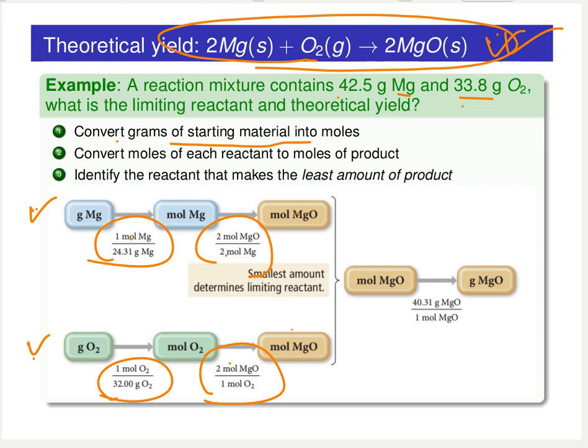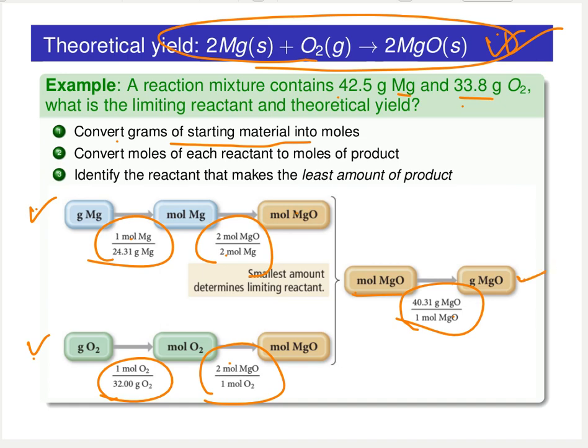Then you're going to only pick the smallest of these two values, carry it down here, and then do your final moles to grams conversion using the molar mass to get your final answer.